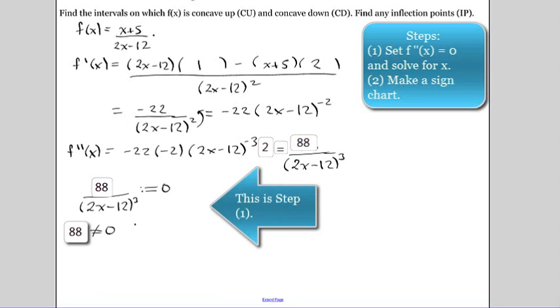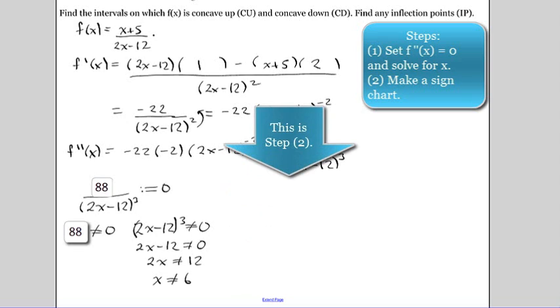So we only need to consider values of x that cause the second derivative to be undefined. In other words, we want to know when the denominator equals 0 because we don't want those values. So 2x minus 12 cubed can't equal 0. We can cube root both sides to get 2x minus 12 not equal to 0, and solving for x, we obtain x can't equal 6.